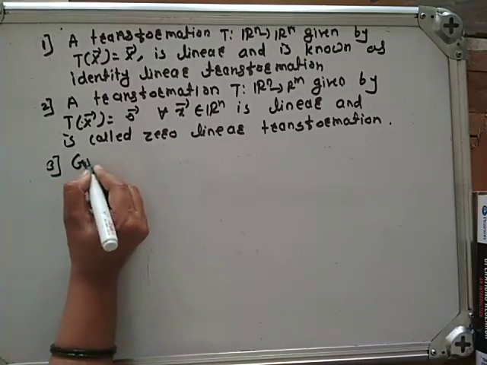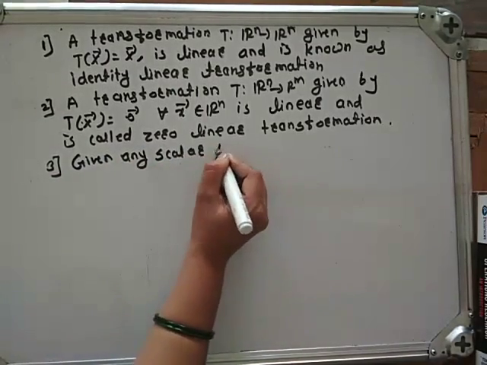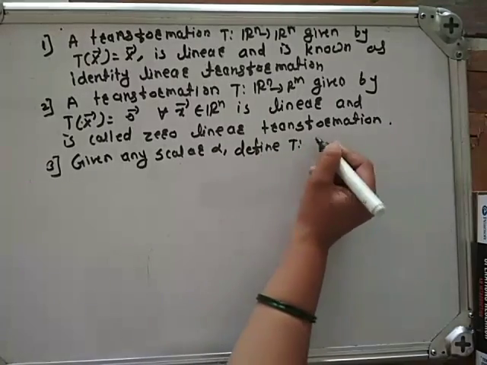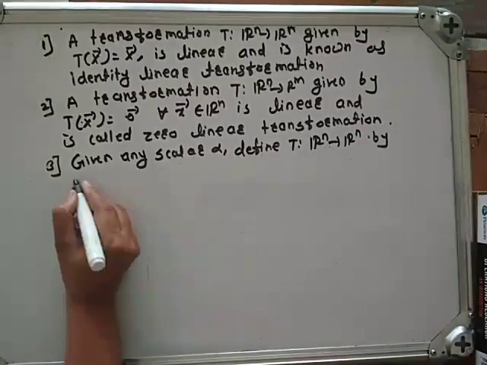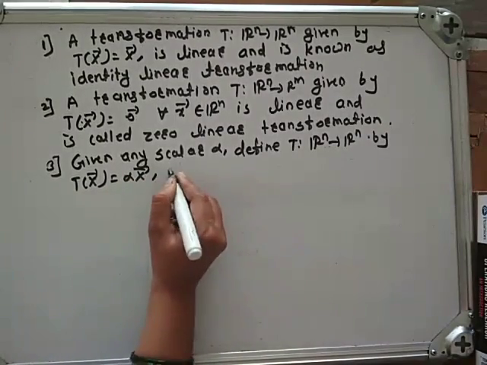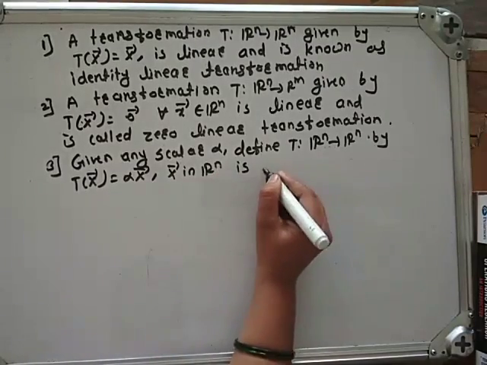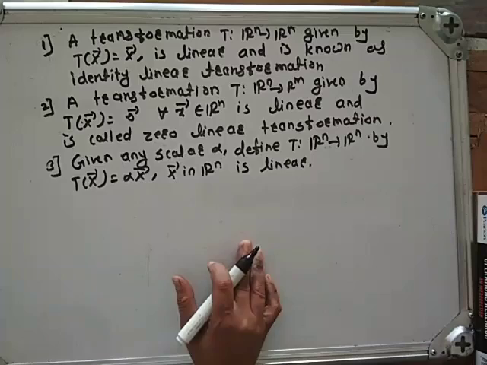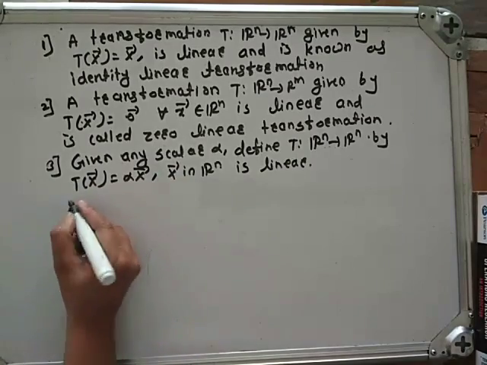Third example is, given any scalar alpha, define T from Rn to Rn by T of x bar is equal to alpha into x bar in Rn is linear. We will prove this example.